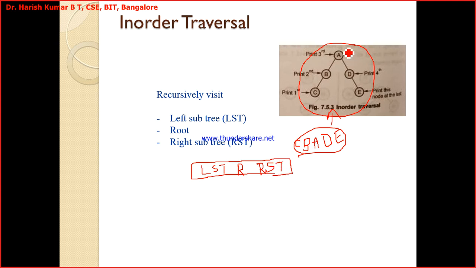Now this is the tree I'm taking. I'll start from here. You have to always start from the top, from the root node. This node A is the root node, and it has a left subtree and a right subtree. So R, the root node, is nothing but A. Following? Yes, sir. Next, for this LST I apply the same thing recursively.